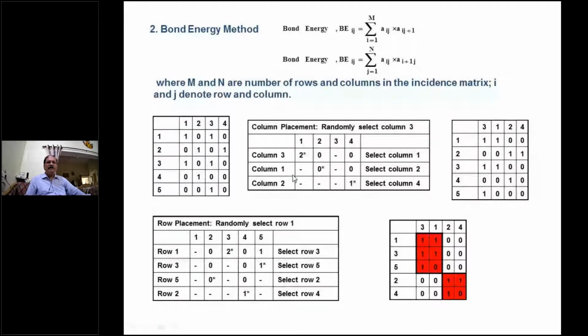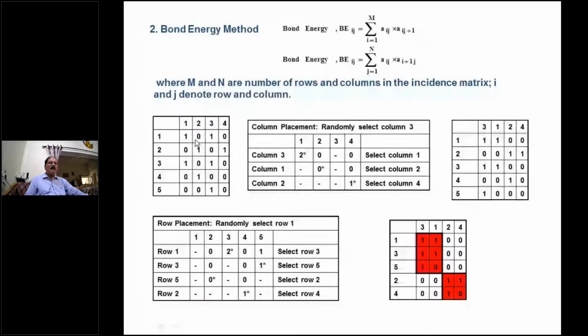For arranging the columns, we randomly select a column. So we selected column 3 randomly. Once you select column 3 randomly, then find out the bond energy between the other columns. So column 3 with column 1.